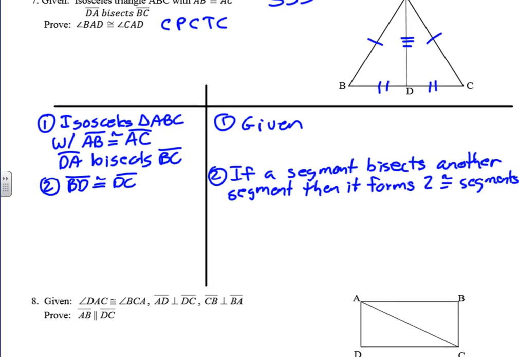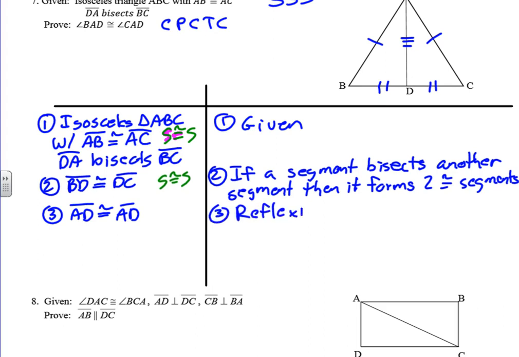So if we're tracking along with our plan, we had a side congruent to a side congruent to a side. Okay, so step 3, we're going to use the reflexive property. So we're going to say AD is congruent to AD by the reflexive property, which is our third side congruent to a side.